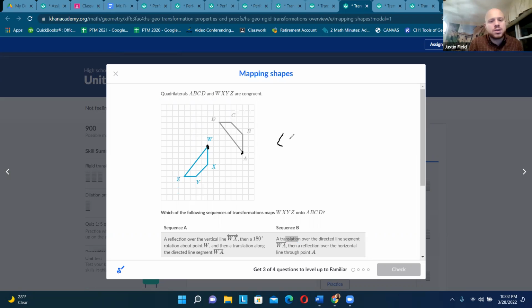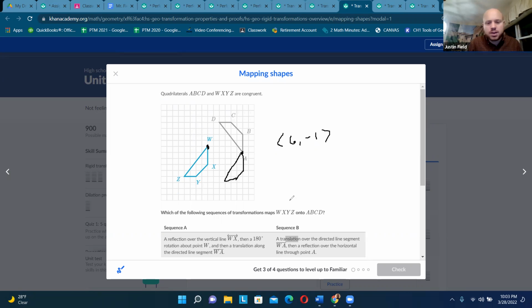So 6, 1. So I move that whole thing over like that. Just drawing a rough sketch.